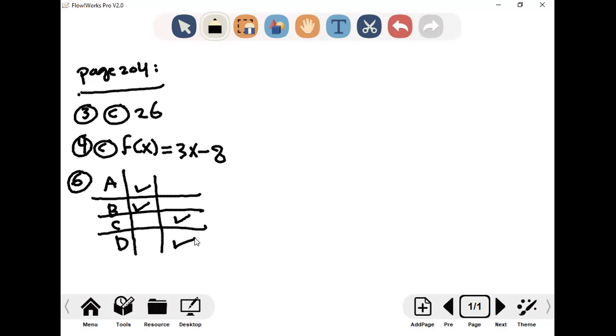The first two are functions, and C and D are not functions. Then question 9. They want the intercepts: -1 and 0. Zero and -1.